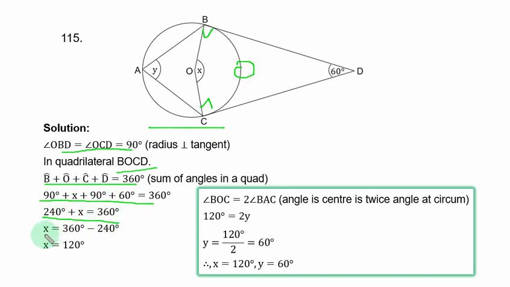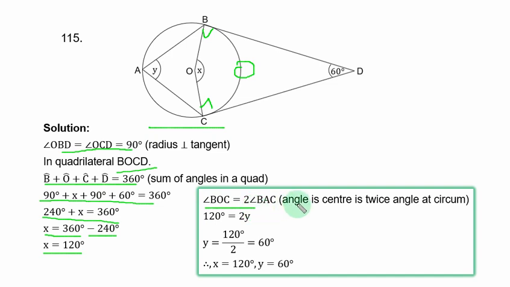S becomes 360 degrees minus 240 degrees. S is equal to 120 degrees. Now, this angle S is angle at center, and angle Y is angle at circumference. Angle BOC is equal to 2 times angle BAC.